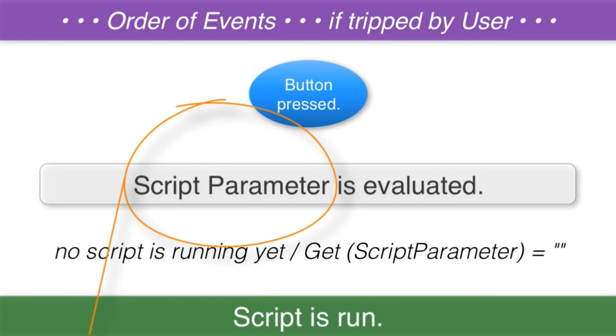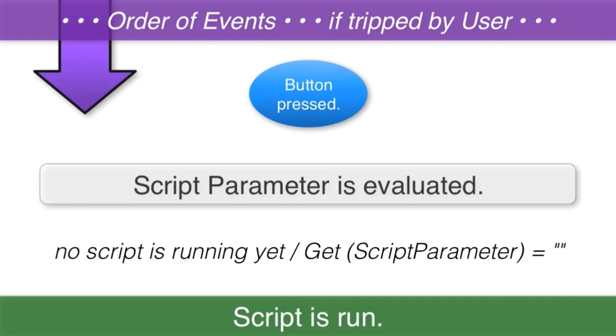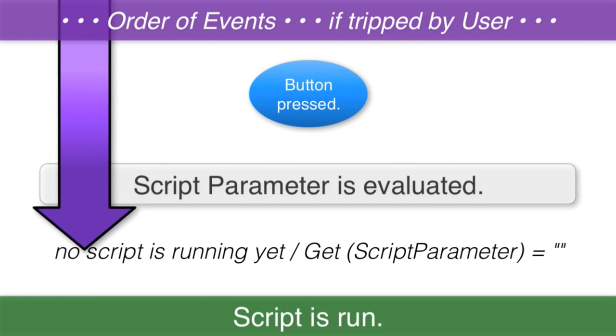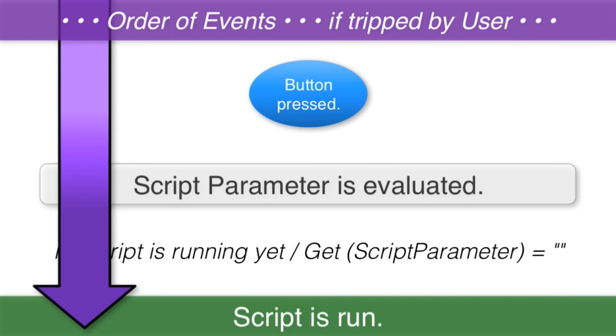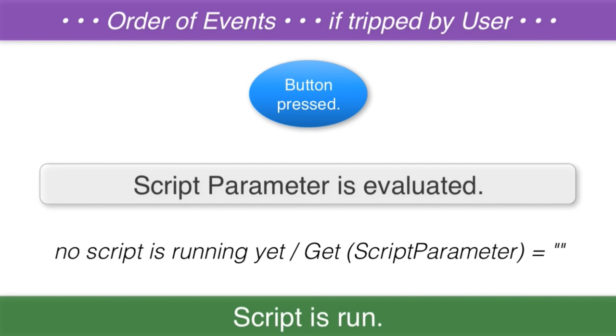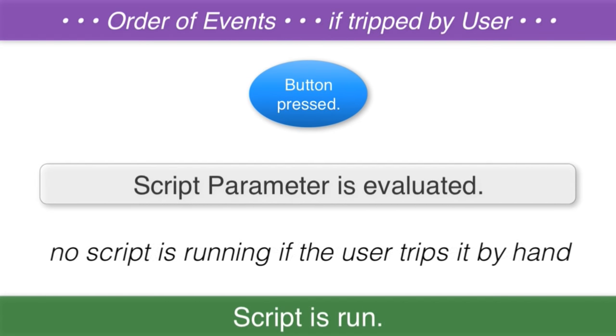Make sense? That happens before the beginning of the execution of the script. No script is running. Then, of course, as the script parameter is passed and that script is activated, a script is running. But before that, when the script parameter is evaluated, no script is running if the user trips it by hand.